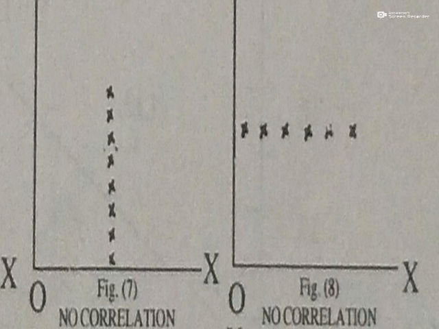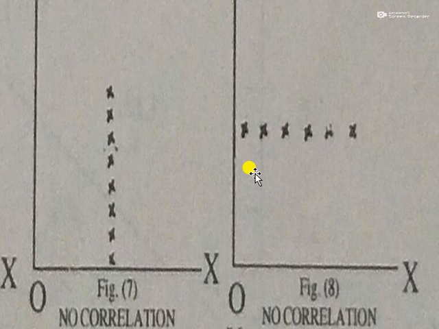See another case. Here all the points are lying on a perpendicular to the x-axis. This means that x remains constant at different y values. Y values are different but x remains constant. That means this is zero correlation. Here also, a zero correlation case.